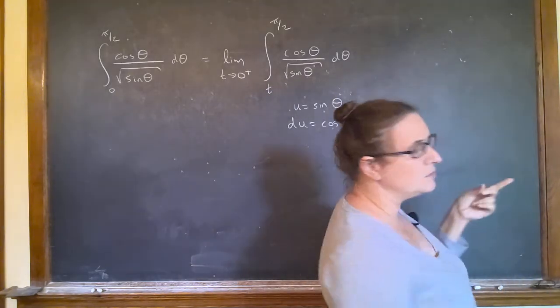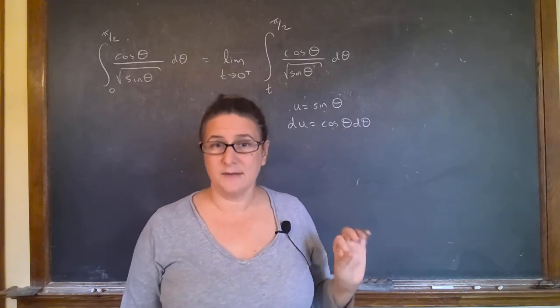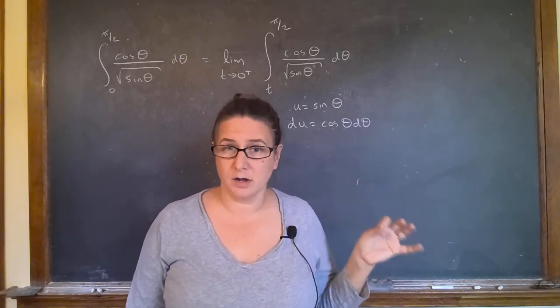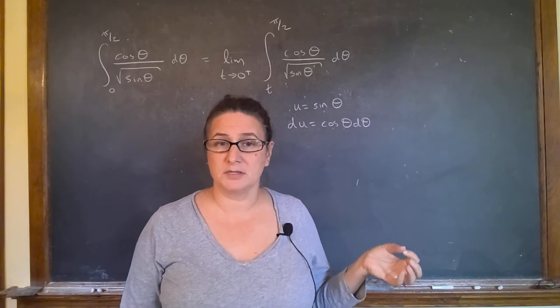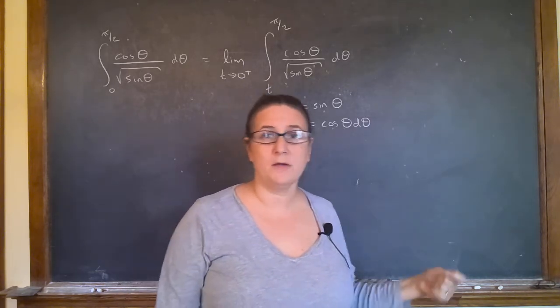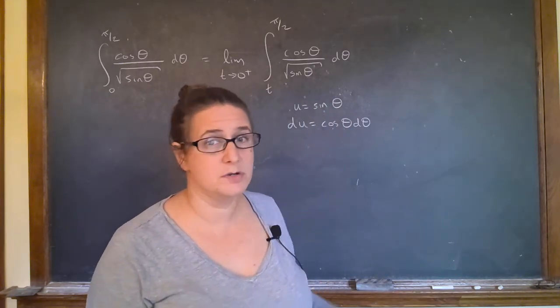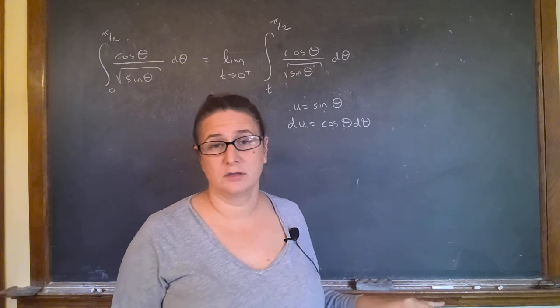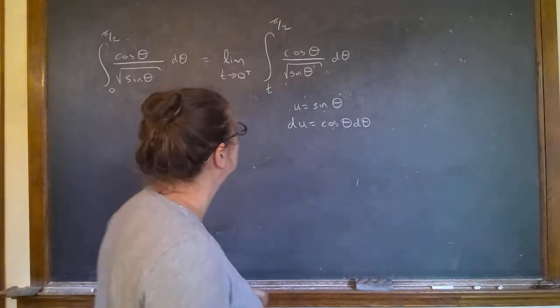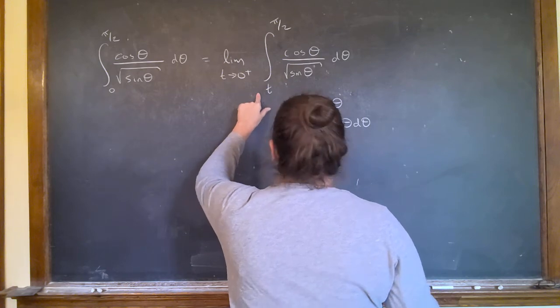So be careful. I would say the easiest thing to do, because it can kind of get tricky, especially when there's infinities going on, rather than change the limits, just go ahead and go back to the original variable and then take the limit with the original variable. I would not suggest changing the limits when you do these. It's just too easy to screw it up.